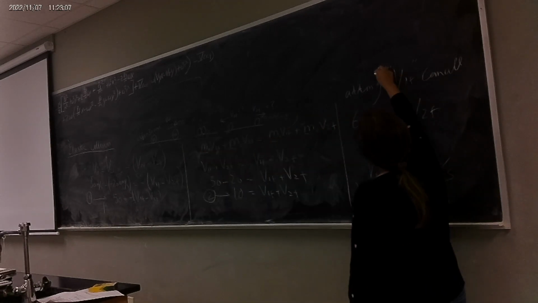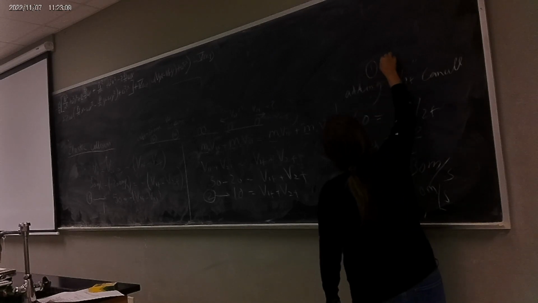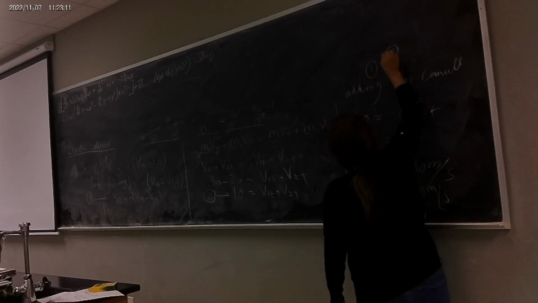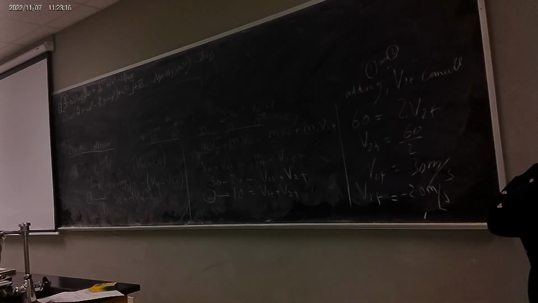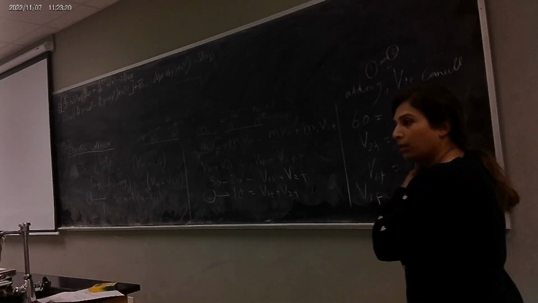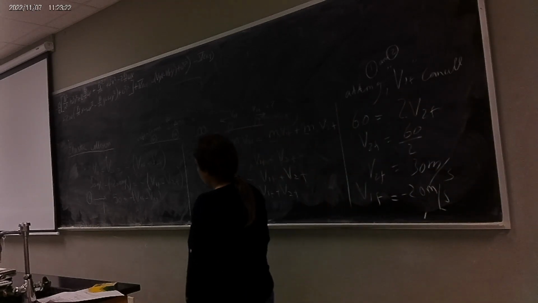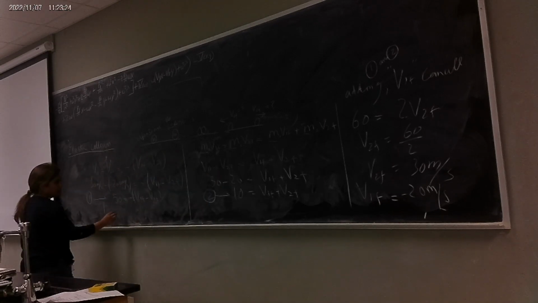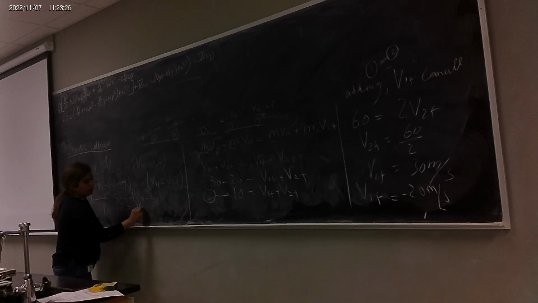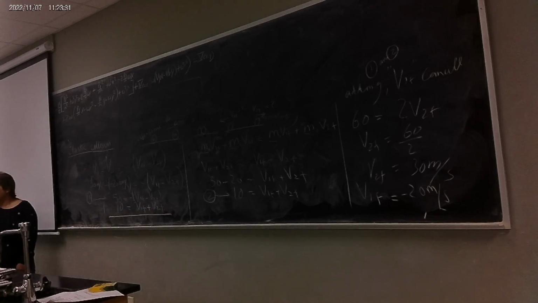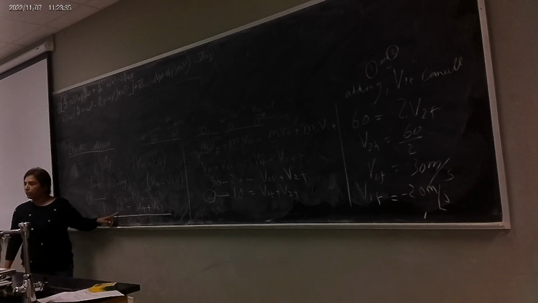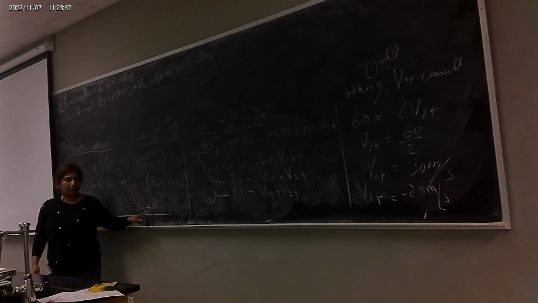So adding 1 and 2, V1F cancels. By doing this, algebraic addition, the left hand side will be added together, the right hand side will be added together.